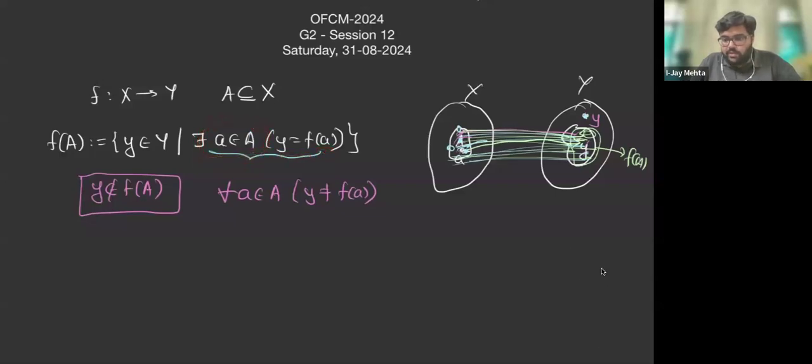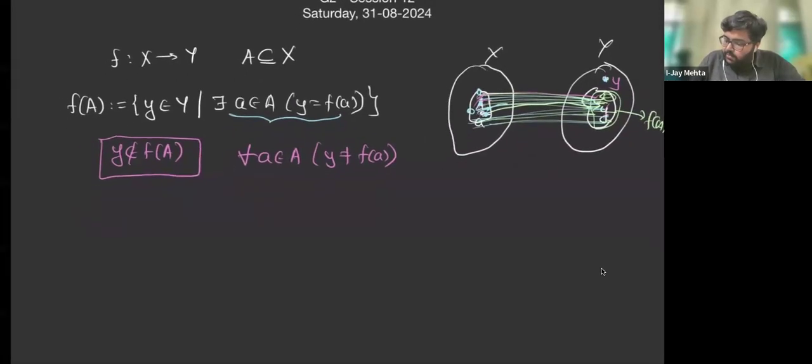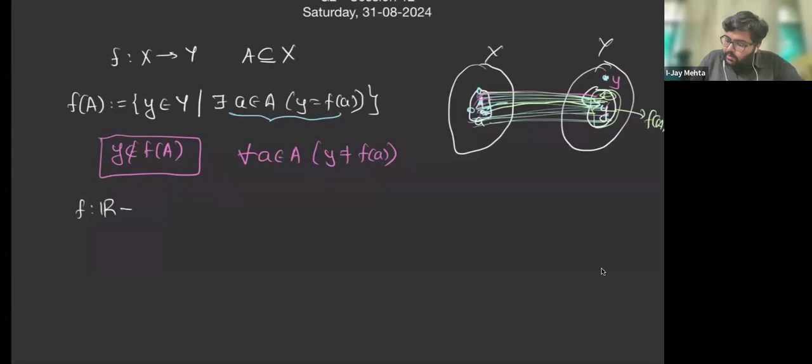Okay, and then we had considered some examples. We had taken one example, right? f from R to R, f of x equals x square, and we had taken A equals, let's say, 1. What is f of A? Very easy, right?